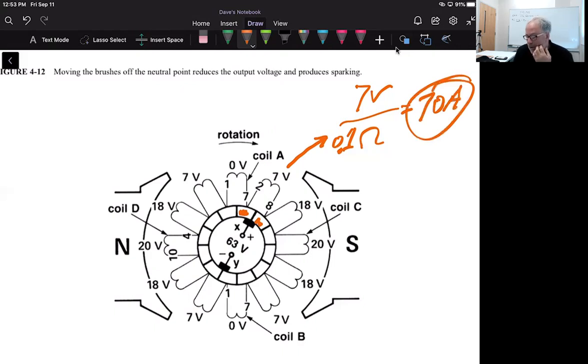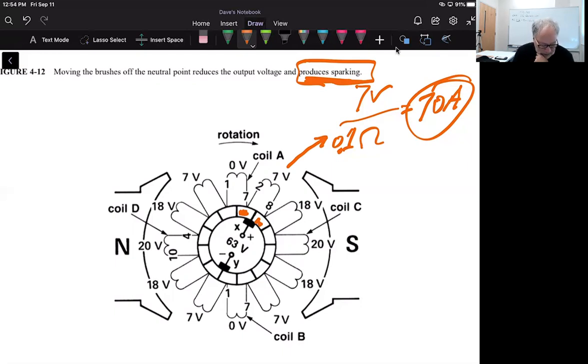You think, okay, so what's the big deal? Well, when you short circuit the coil sides and they have a voltage across them, you get arcing and sparking, which is a really troublesome, bad thing to happen inside of a generator, because it will burn up the brushes and the connection points, and carbon buildup and all that will occur.